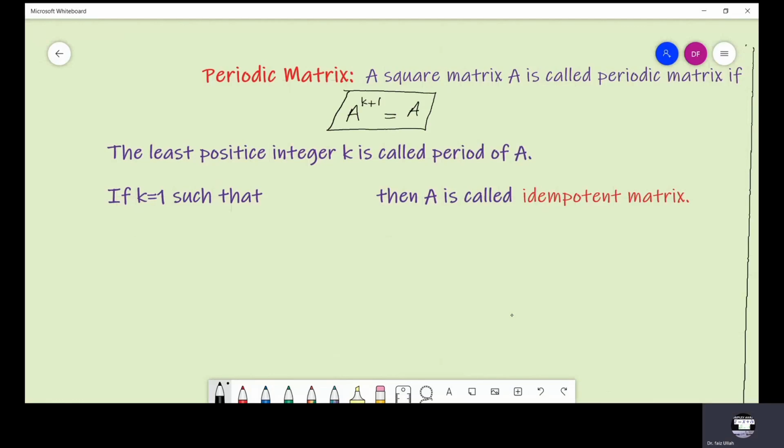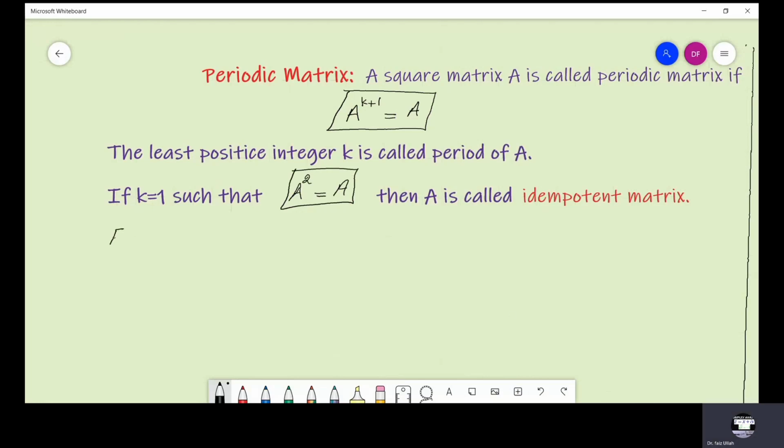Now, if this k is the least positive integer satisfying A power k plus 1 is equal to A, then k is called the period of A. If k is equal to 1, in that case we can write A square is equal to A, and in that case, A is called an idempotent matrix.